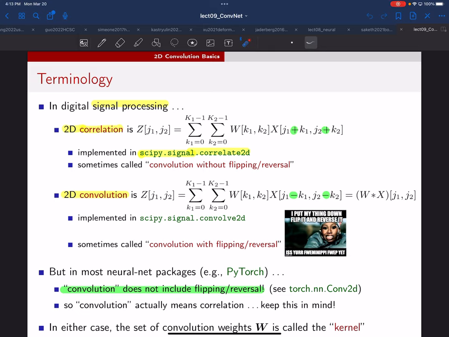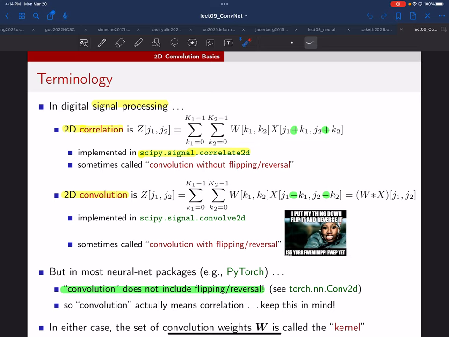Essentially that means these would be the same operation if you flipped the template horizontally and vertically, because then K1 and K2, instead of indexing down and to the right, would index up and to the left. So that's equivalent to flipping and reversing that template. That's just some terminology.